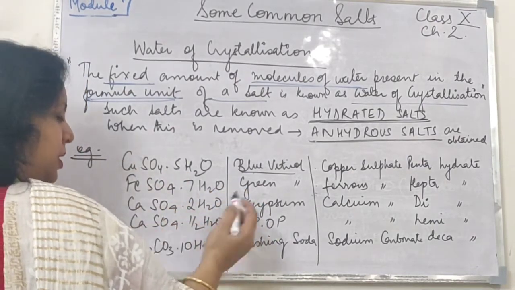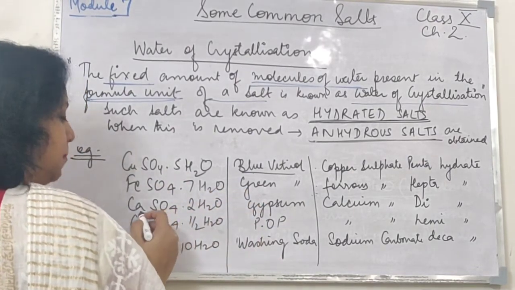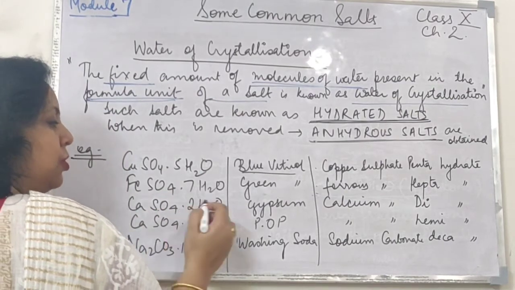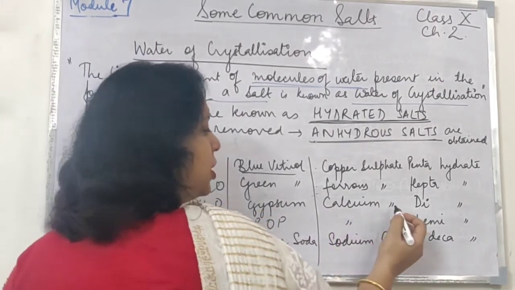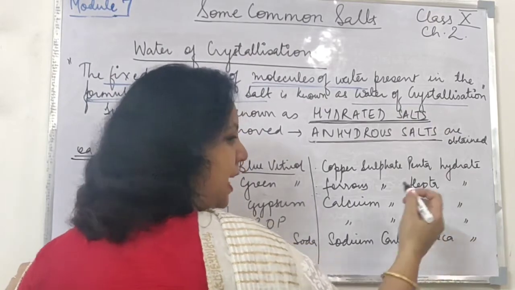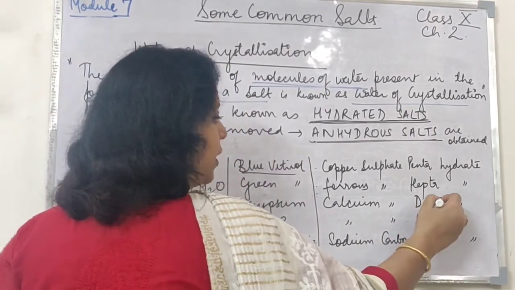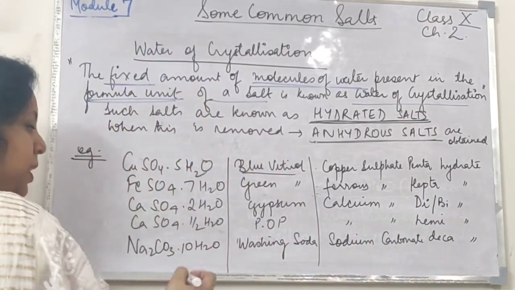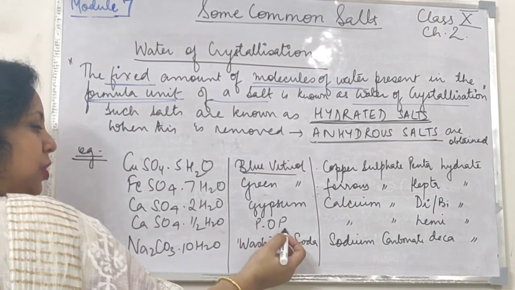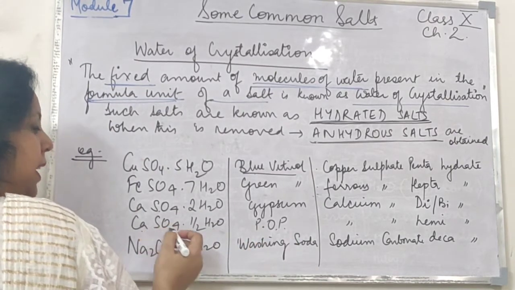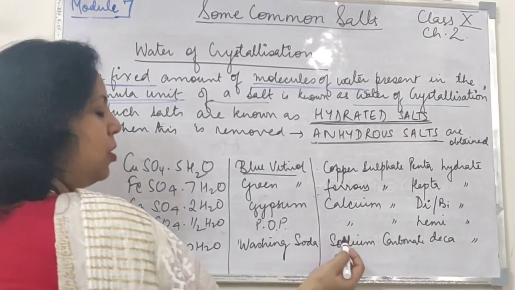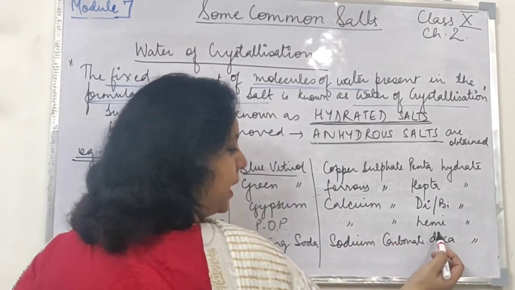Similarly, just now we were discussing gypsum, CaSO4.2H2O, gypsum, calcium sulfate dihydrate. In some books you will find bihydrate also. Let us see plaster of Paris or POP, CaSO4.1/2H2O, calcium sulfate hemihydrate.